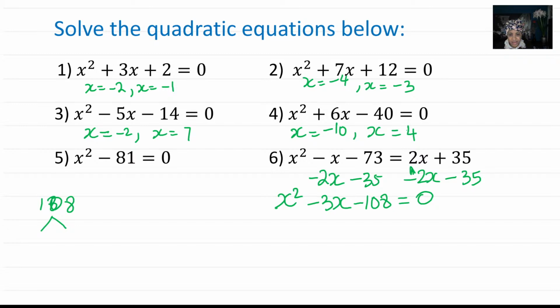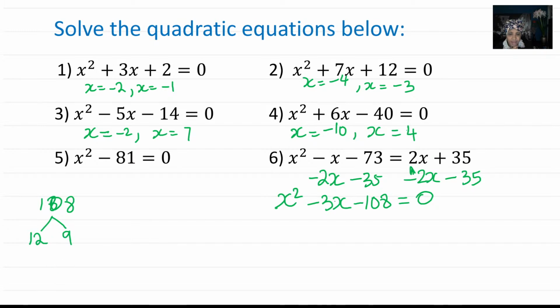I need you to think. 108. A number that makes 108 when you multiply, but when you add or subtract will give you a 3. Yes, Mohammed, 12 and 9. Thank you. 12 and 9.